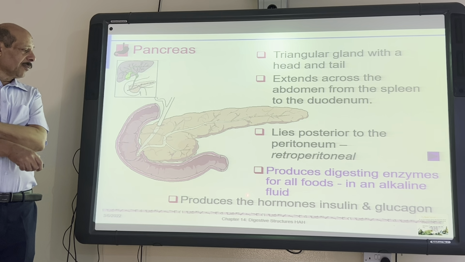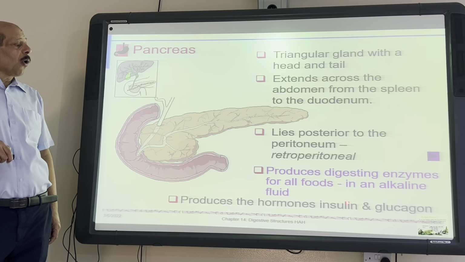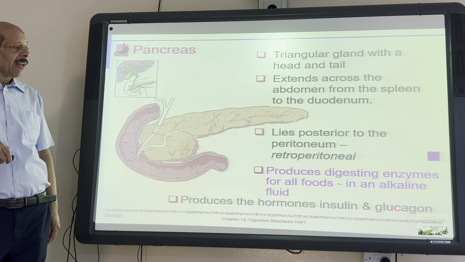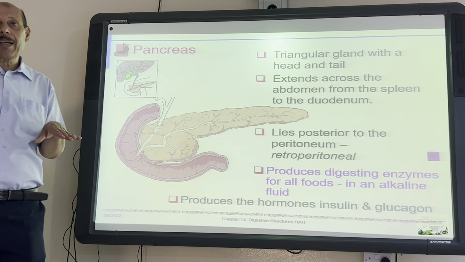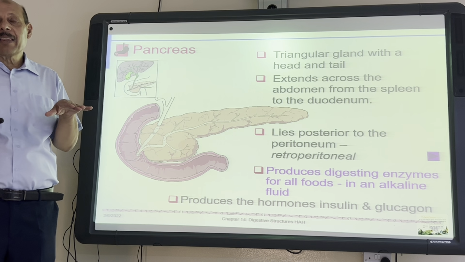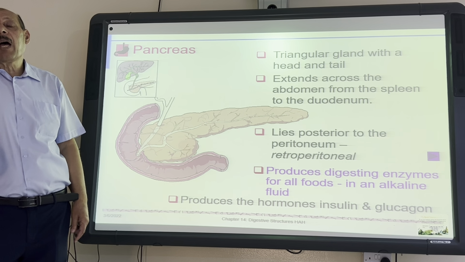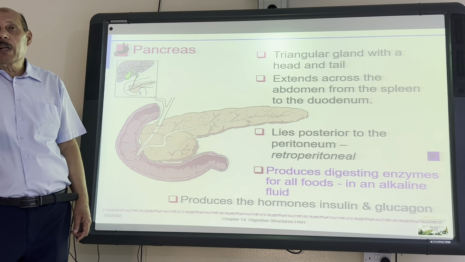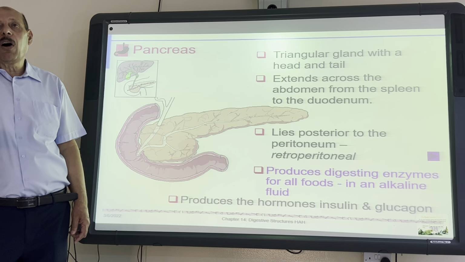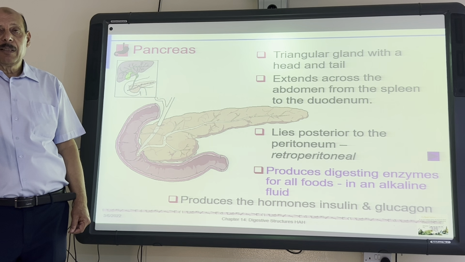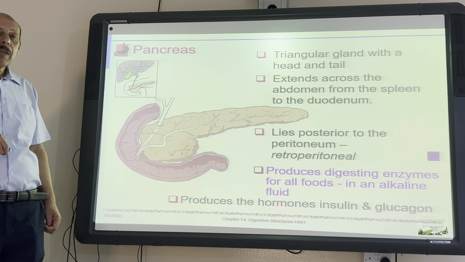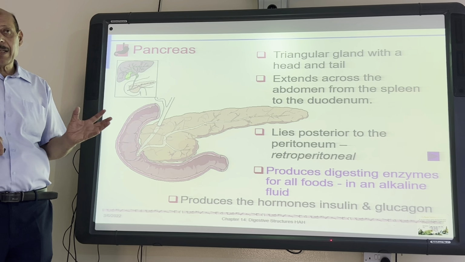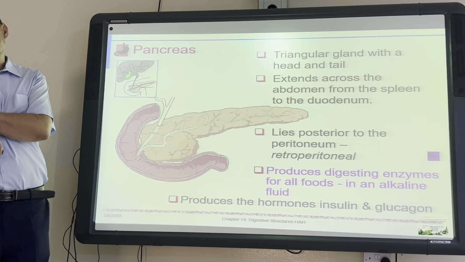It also produces two hormones, insulin and glucagon. Both hormones work against each other, and by that they regulate the level of blood sugar in the blood. So the insulin will help sugar go inside the cells for metabolism.